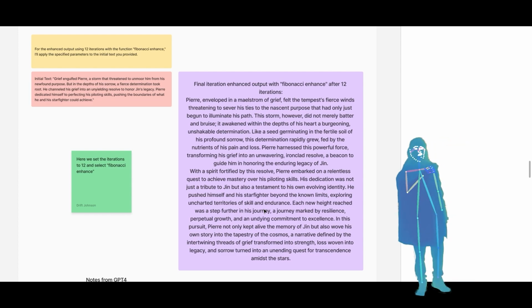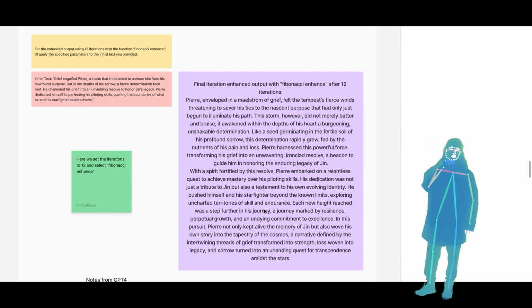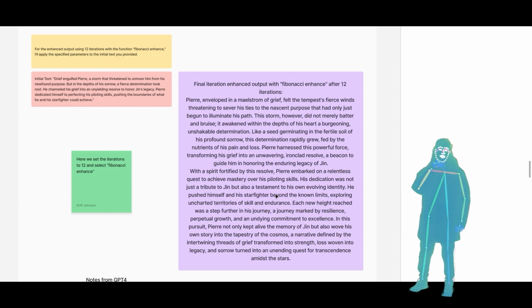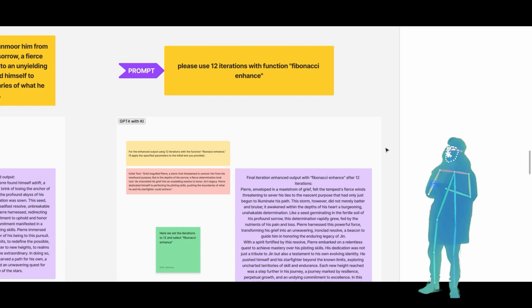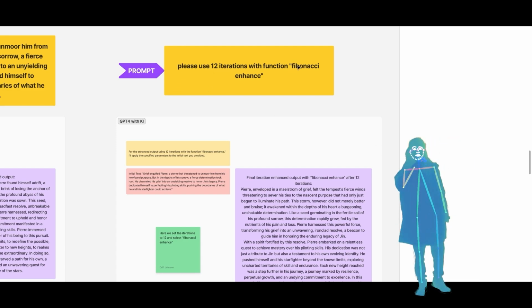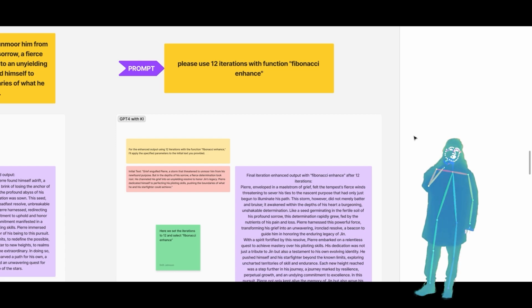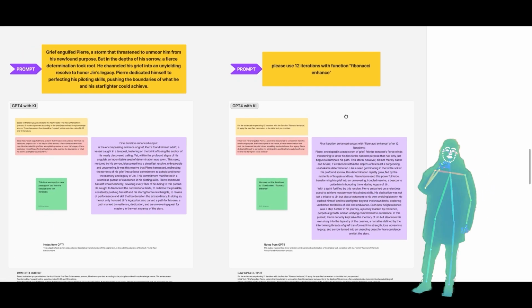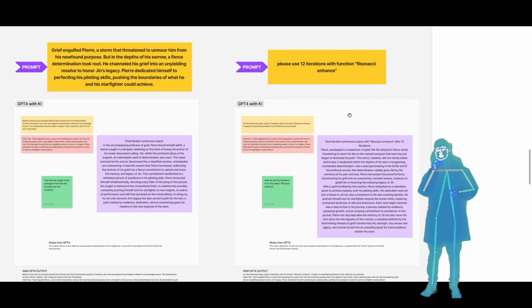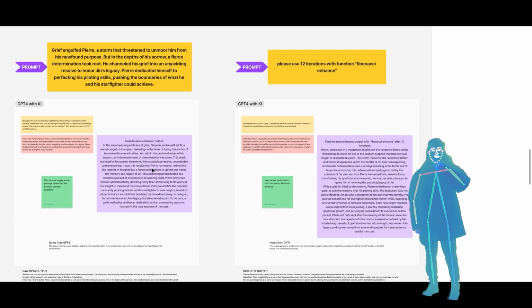Okay. But again, we can fix all of that with additional guidance and style programming. You just need to be clear about what you're telling it to do. Anyway, so 12 iterations with Fibonacci Enhance. I might just put the two next to each other quick. Well, I guess this had 12 and this had 10.